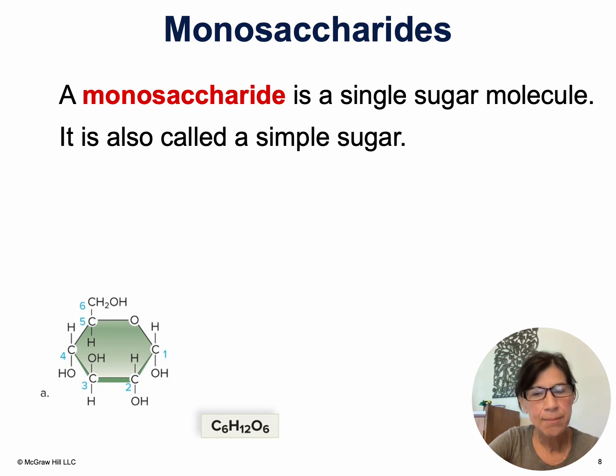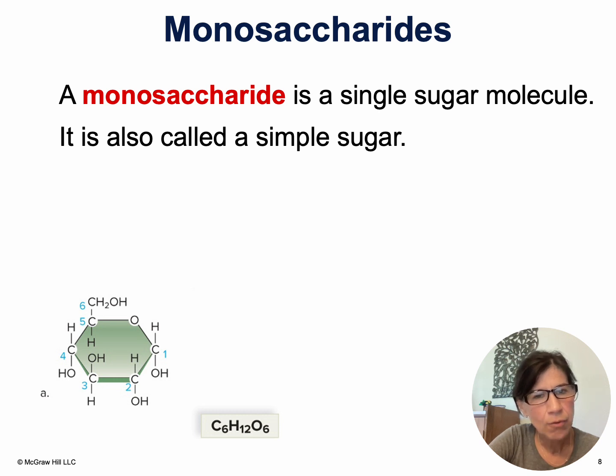This is an example of one monosaccharide I'd like you to know. It's the most common one you hear about, and this is a picture of it. Remember, this is a molecule, and molecules are composed of atoms covalently bonded together. In this picture, this molecule has these carbons. Remember, carbon is like the skeleton of most of these. They're numbered here: carbon number 1, 2, 3, 4, 5, and then here's the 6th carbon, giving it that skeleton.